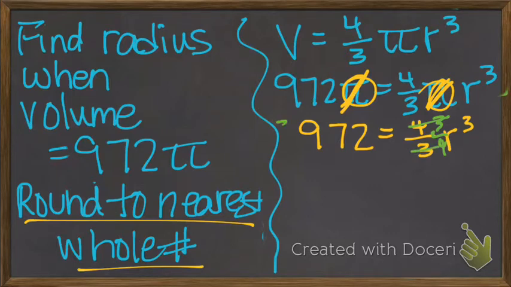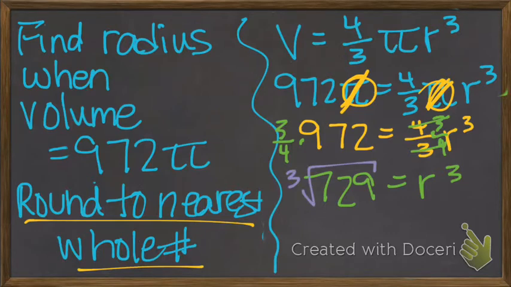So I'm going to multiply this by 3/4 also. When I do that, I get 729 is equal to r cubed. To get rid of the cube, I take the cube root, which we just went over how to do, your 3, second, caret in your calculator. And in this case, the radius is 9.